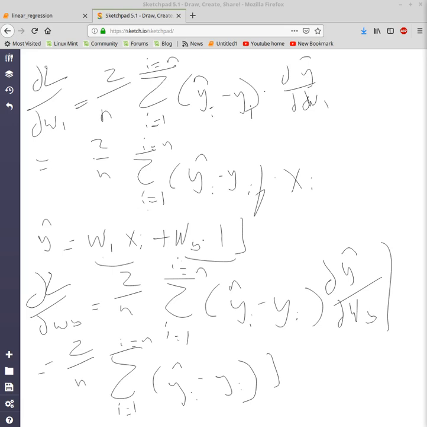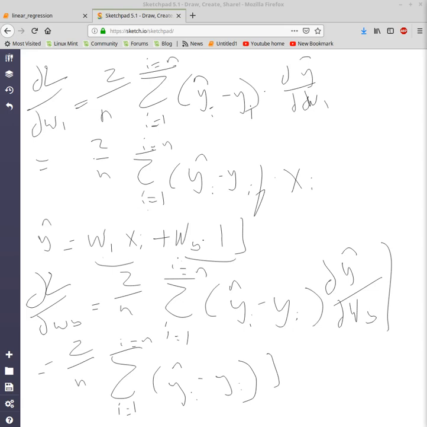So we can then calculate the derivatives or gradients, dL/dW1 and dL/dwb, by plugging in the y and x values as we did before, and calculate the gradient or derivative at W1 equals 0 and wb equals 0.